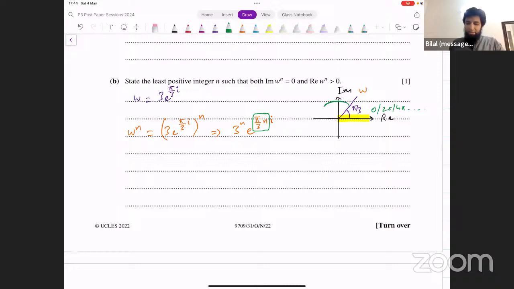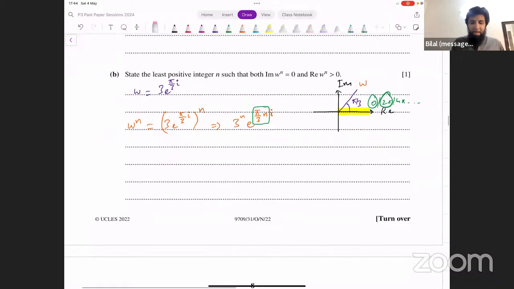How can this number come back to 0? What number do we have to multiply pi/3 by to get 0 or 2 pi? Now, they're saying n has to be a positive integer. If it has to be a positive integer, we can't say that value of n is 0, right? Otherwise, we could say n is 0, and that would give us a point in this line.